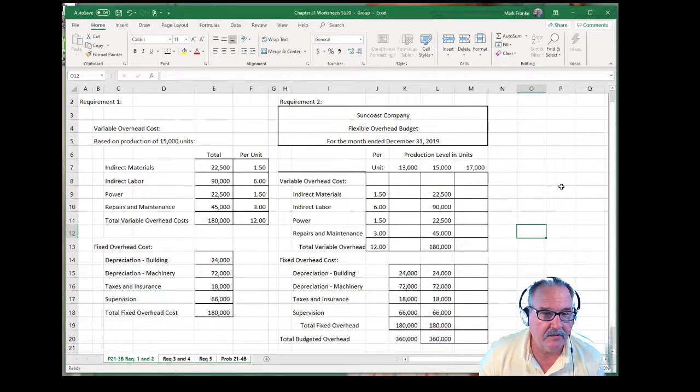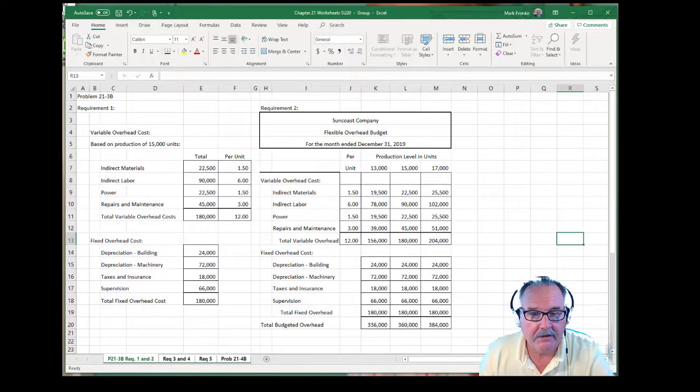It's got to be the same as these numbers over on the left because that's how we got started. So I'm going to stop the video and I'm going to build a flexible budget for 13,000 units and then come back and show you the answer. So what you could do is pause the video now, see if you can calculate these amounts, and then continue on. I'll be right back.